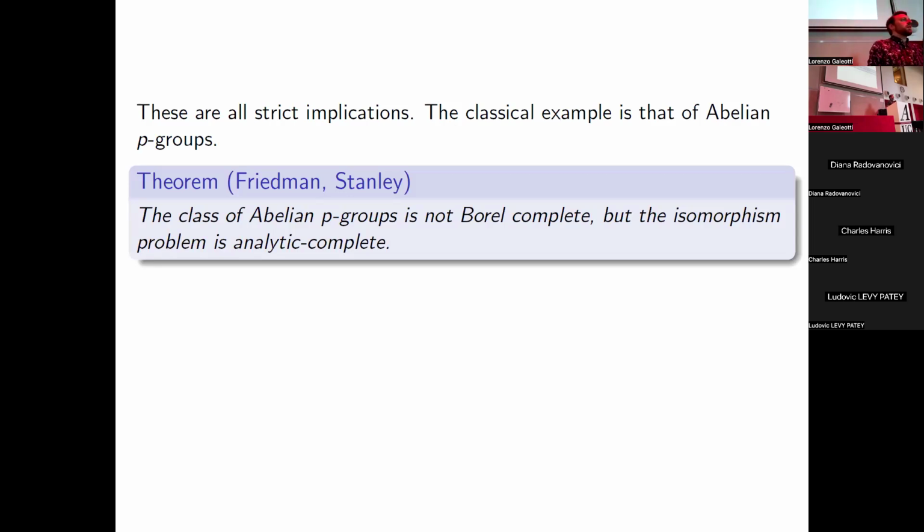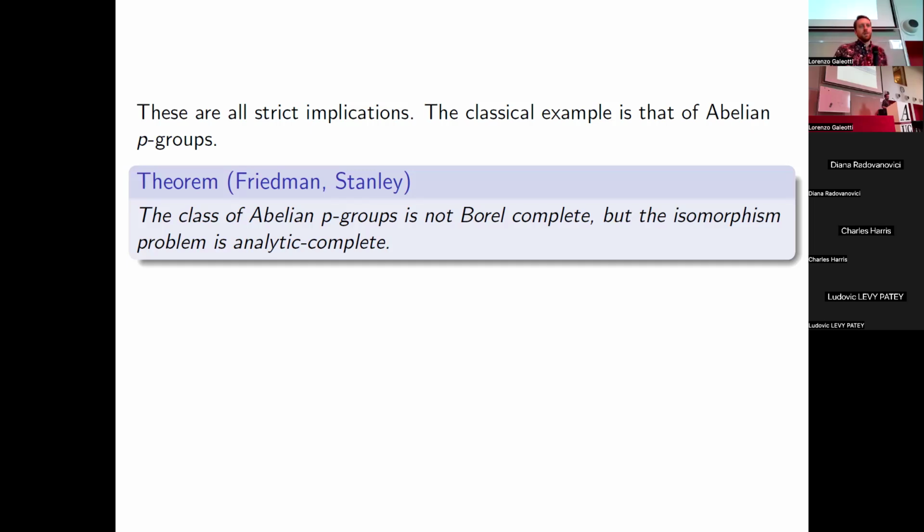These are called Ulm invariants, and there are ordinal many of them. They're complicated enough that the isomorphism problem is still analytic complete. But there's still some kind of invariance for p-groups that you can't translate to invariance for arbitrary structures. So they're invariants which are very slightly helpful, maybe, is how you could think of it, to tell whether things are isomorphic.